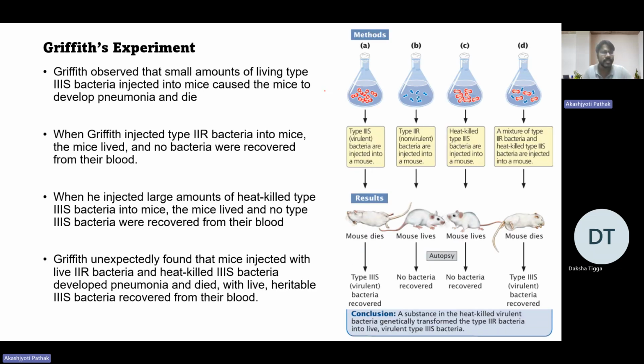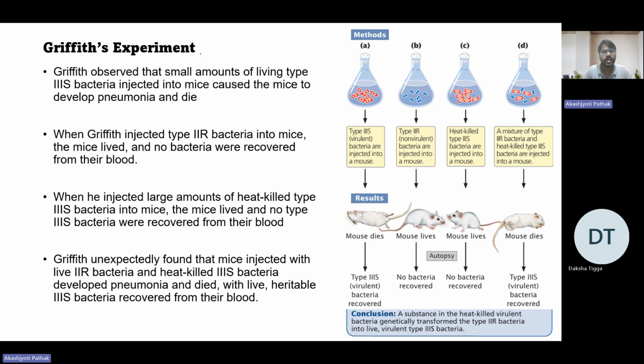So let's start with Griffith's experiment, because how we introduce the recombinant DNA into the host cell comes from Griffith's experiment, who first discovered that bacteria have the ability to take up DNA from the environment. We all have learned about Griffith's experiment in class 11th and 12th.